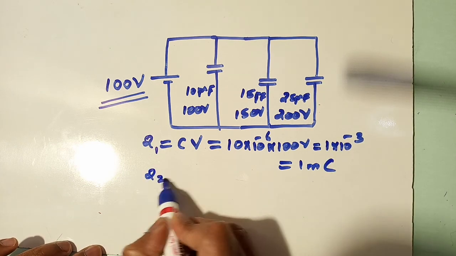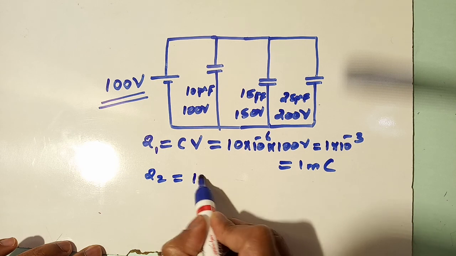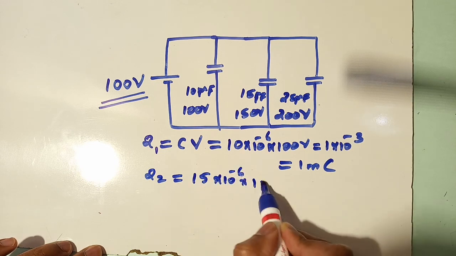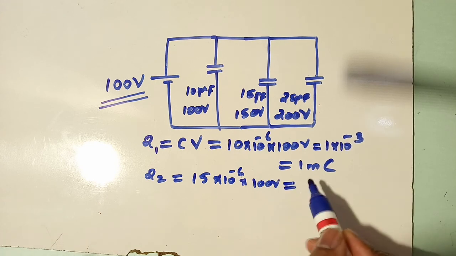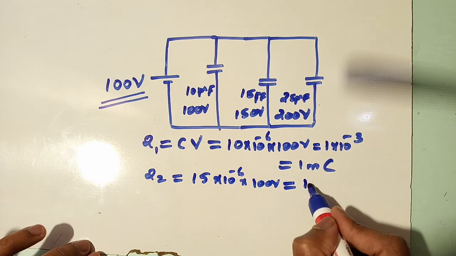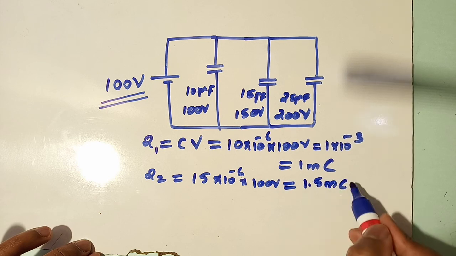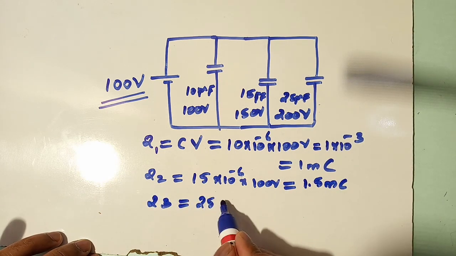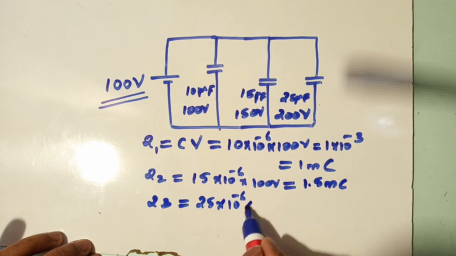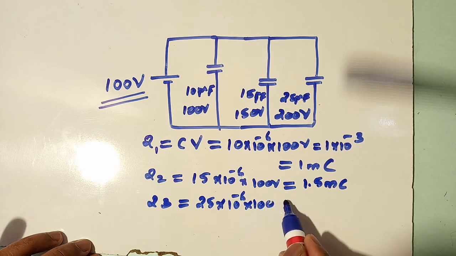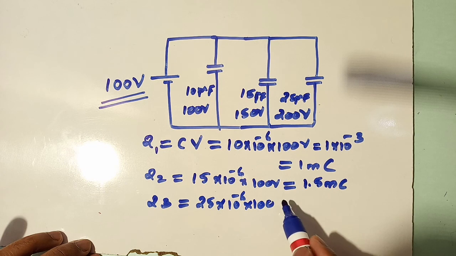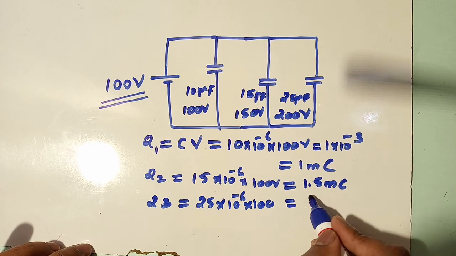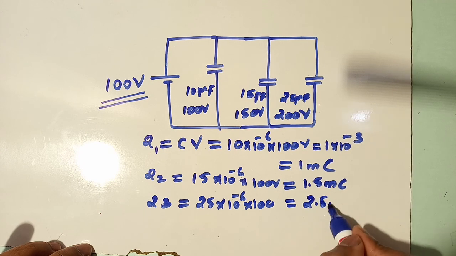Similarly, Q2 will be 15 multiplied by 10 to the power minus 6 into 100 volt only, because it cannot go more than 100 volt. So it will be 1.5 millicoulomb. Q3 will be 25 into 10 to the power minus 6 multiplied by 100, so it should come 2.5 millicoulomb.